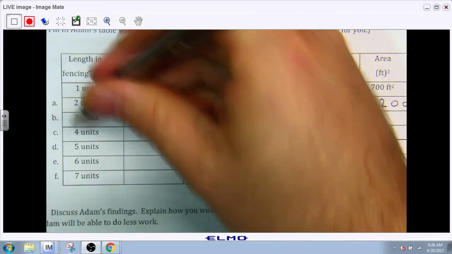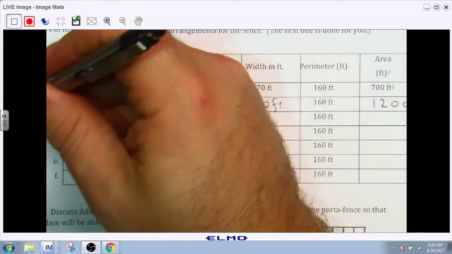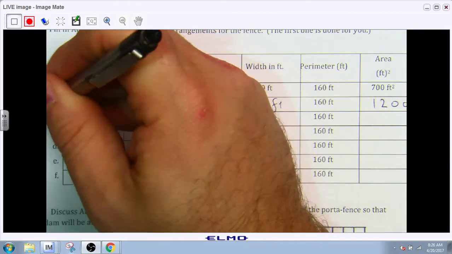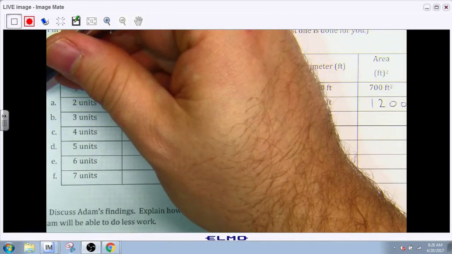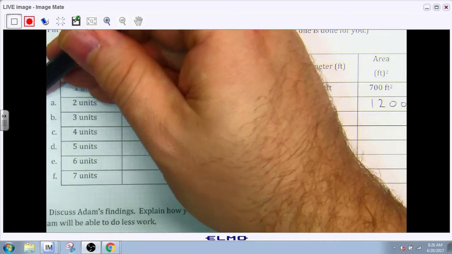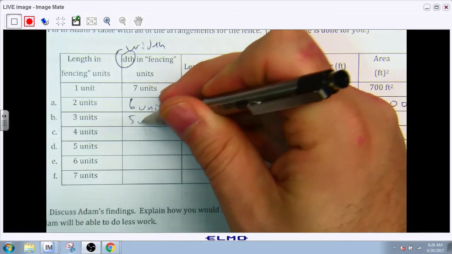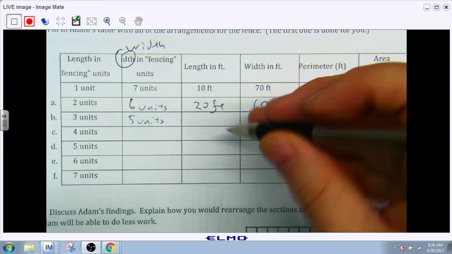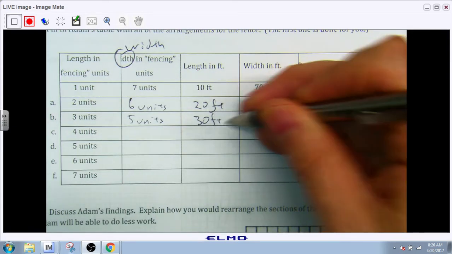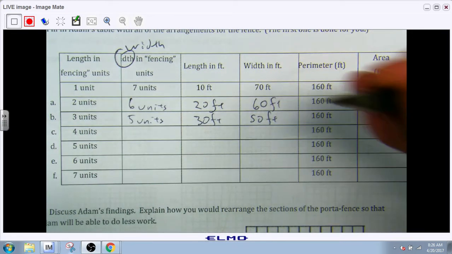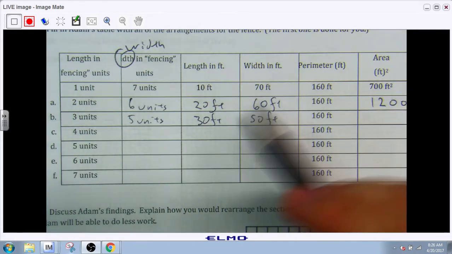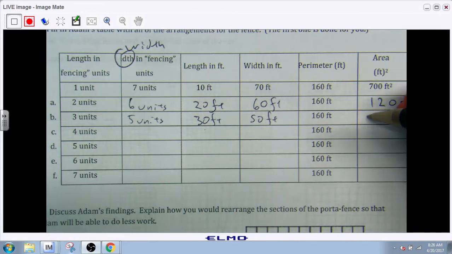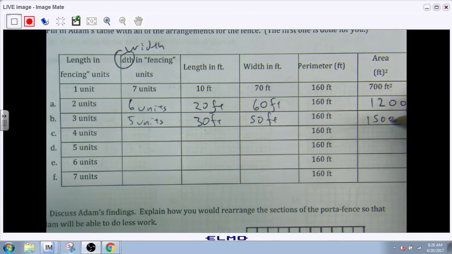Then we're going to do that again. 3 units, so now it's 3 units here, 3 units here, which means if we had 16, I have 10 more units to use for these, so it's going to be 5 units per side. Okay, making this 30 feet, making this 50 feet, and then it's still 160 feet, the perimeter, but now the area is going to be 30 times 50, or 1,500 feet squared.